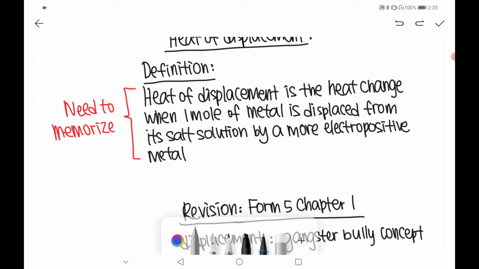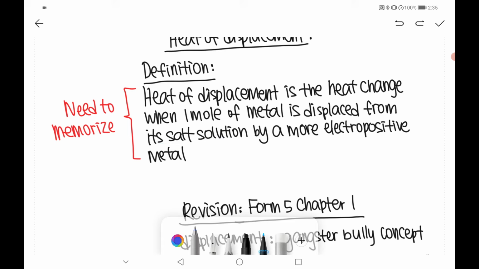1 mole of metal. Do we know what is the metal that is displaced? Do we know what is the metal that we kick out? Because we want to kick out 1 mole of metal, right? Do we know which metal we want to kick out? I will say yes. Why? Zinc is more powerful gangster than copper, right? If you check your ECS, this is your zinc and this is the copper.